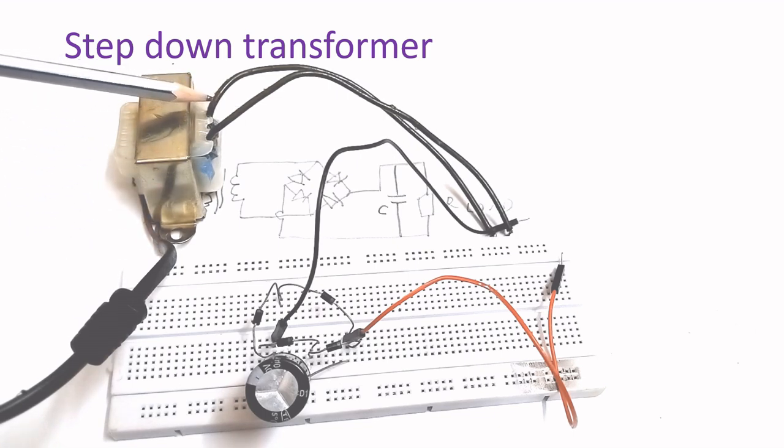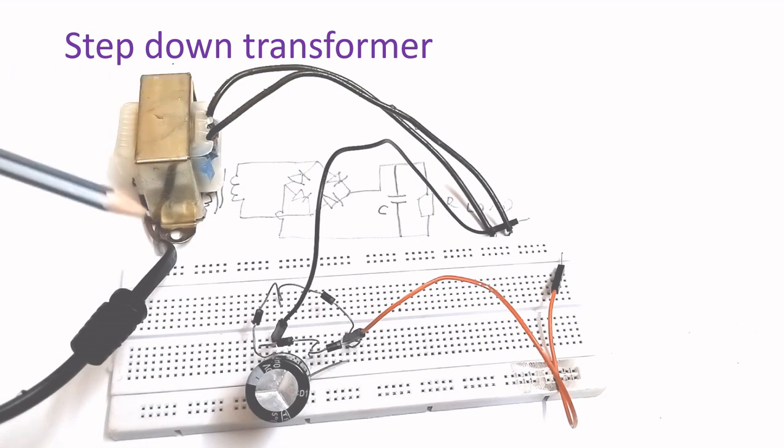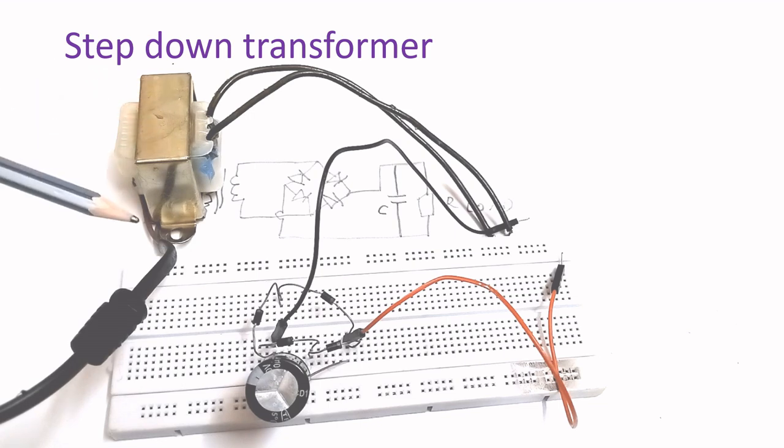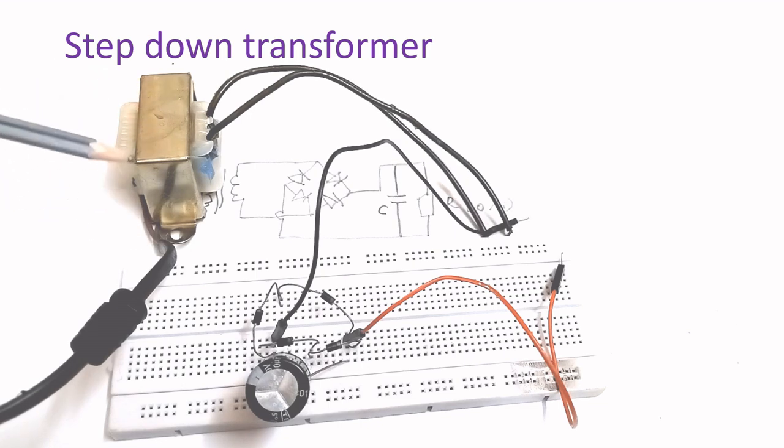That's a step down transformer and you need a turns ratio of 230 to 12 to get a step down transformer. The number of turns will be much higher than 230 because you have to cover the current needed and sufficient impedance to the alternating current should be there.